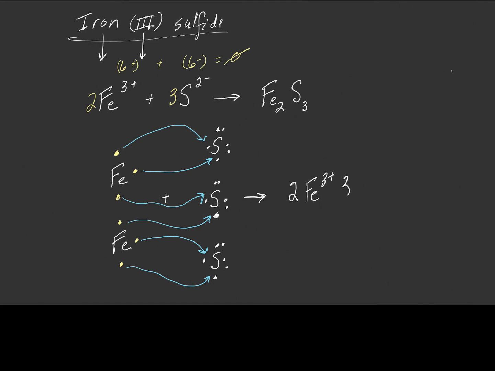We see that we have 3 sulfurs, and the sulfur already had 6 valence electrons, and each of them took away 2 electrons. So now everything we have here represents our ionic bonding, showing the transfer of electrons from iron to sulfur, so for our iron 3 sulfide.